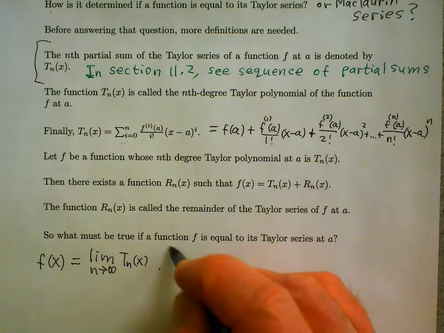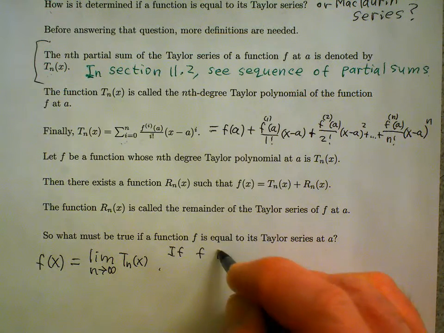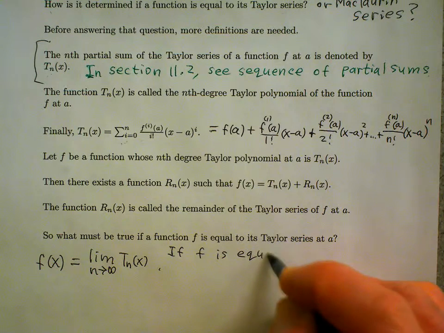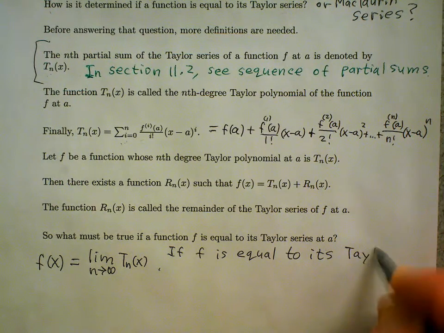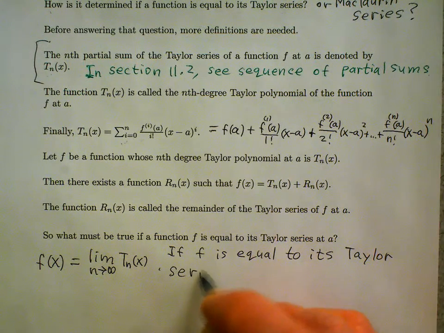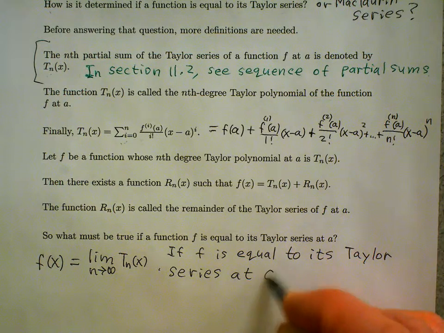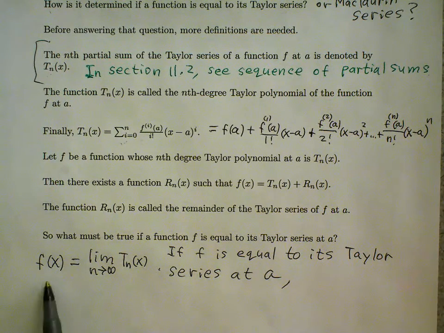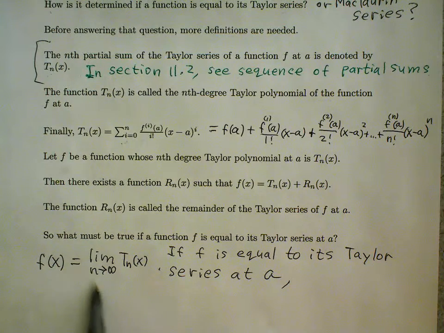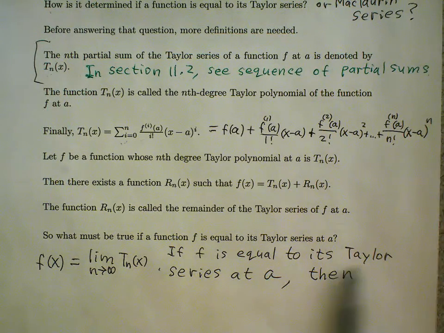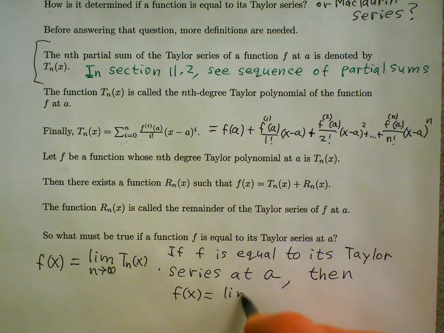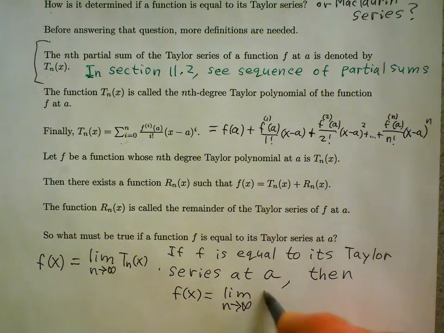So if f is equal to its Taylor series at a, then f of x is equal to the limit of the Taylor polynomials as n goes to infinity.